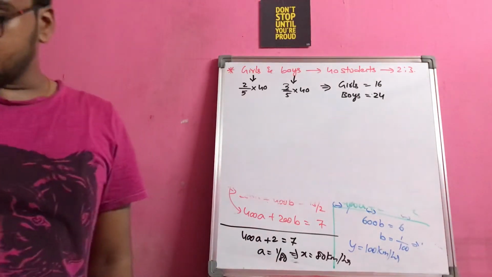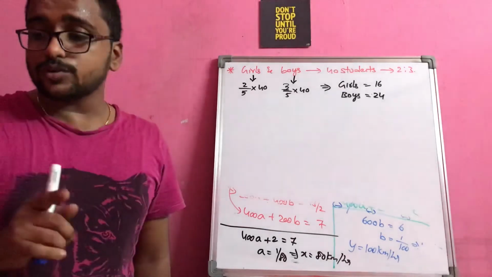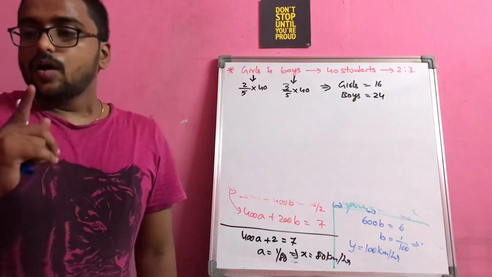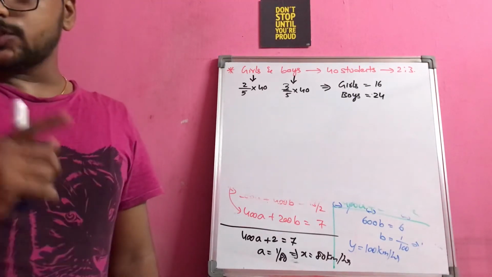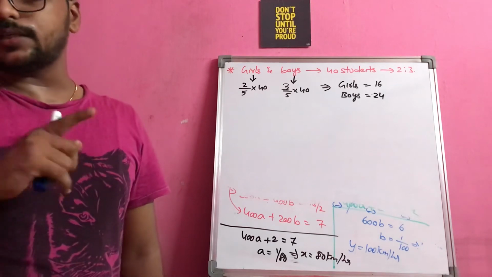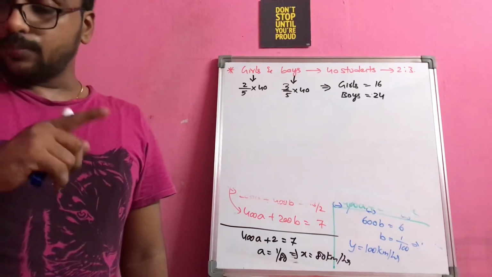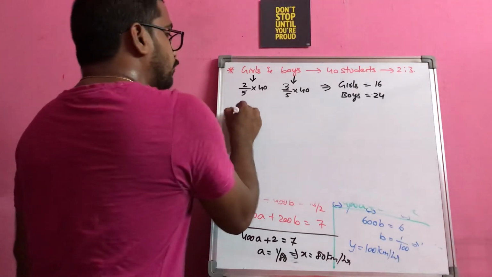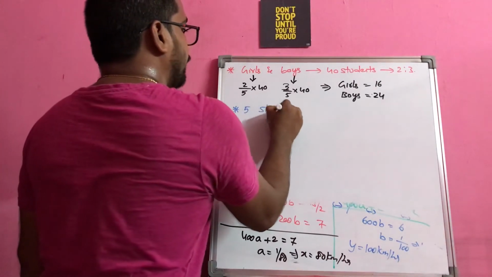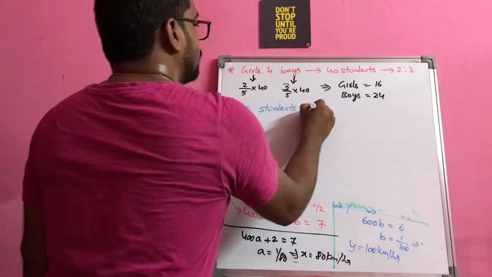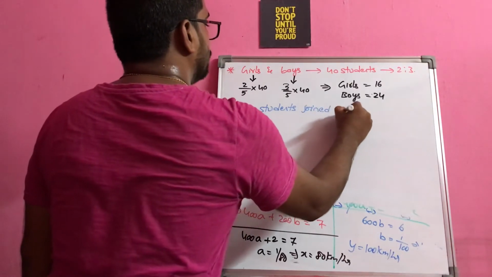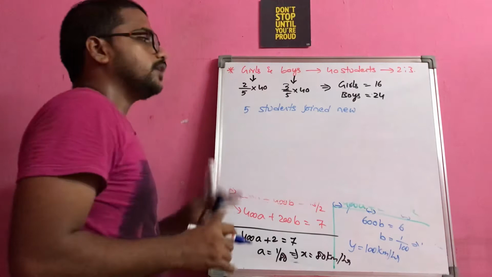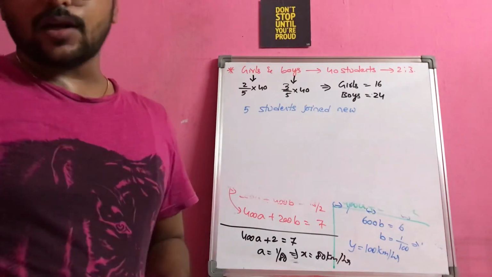See the continuation of the question. 5 new students joined the class. How many of them must be boys so that the ratio of girls and boys becomes 4:5? Now what they are saying, 5 students joined new. We don't know how many boys are there and how many girls are there.